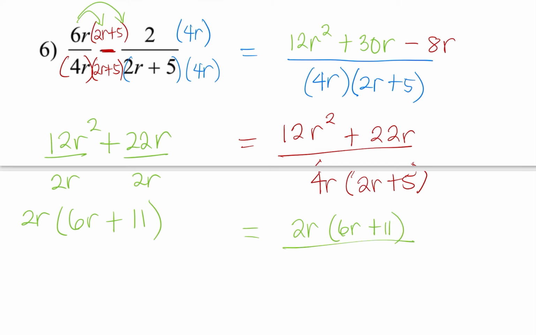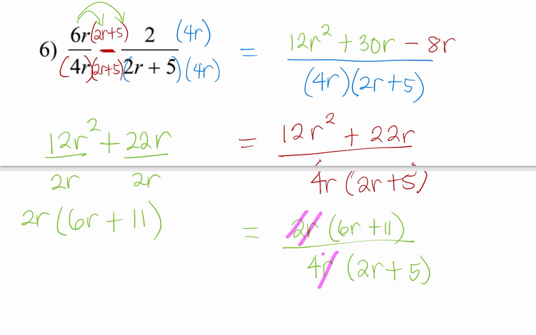The bottom would be 4r, quantity 2r plus 5. Now notice that there is something that we can cancel. We have r that can be canceled, and 2 and 4 can be simplified into 1/2.